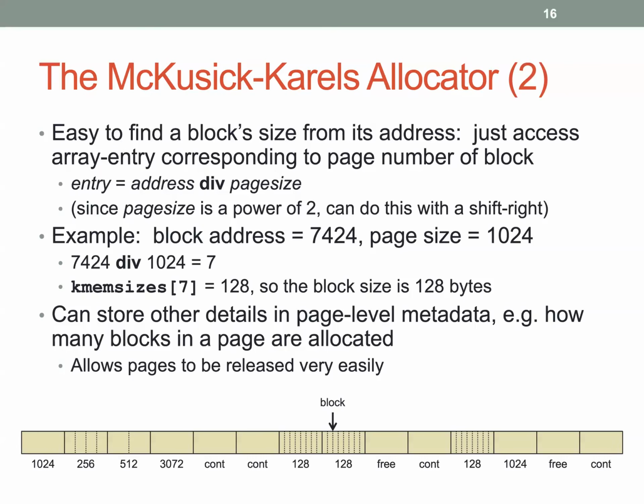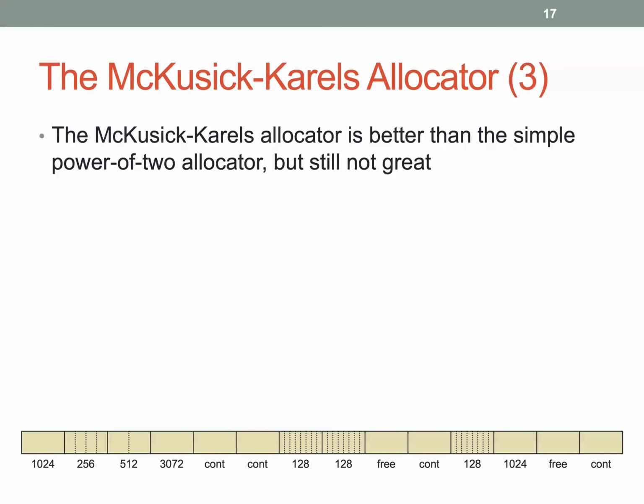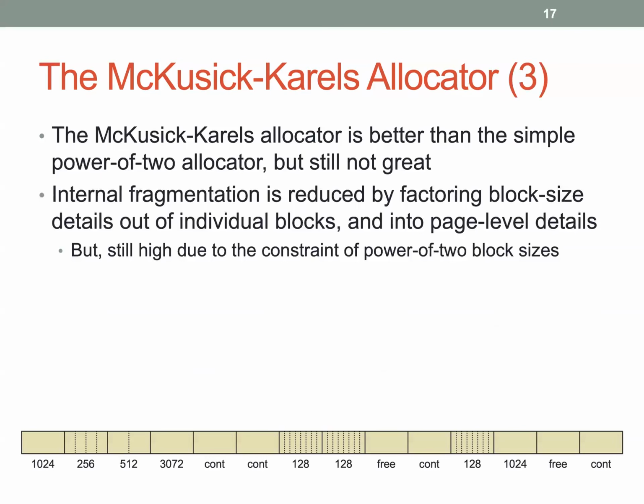Okay? All right. Let's see, what else do we have to say here? Yeah, better than the simple power of 2 allocator, not great. Why is it not great? Well, because we still have a lot of internal fragmentation due to the fact that we only hand out power of 2 size blocks. So we do have a reduction at least, because we've factored out the block size and other details from the blocks themselves and maintaining it separately.